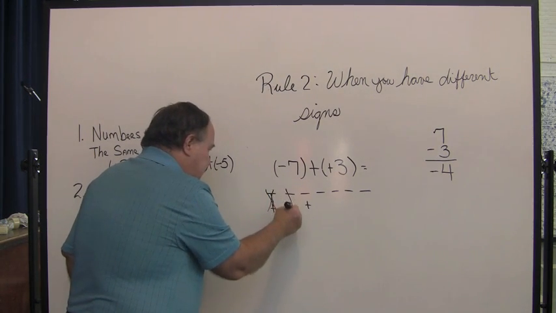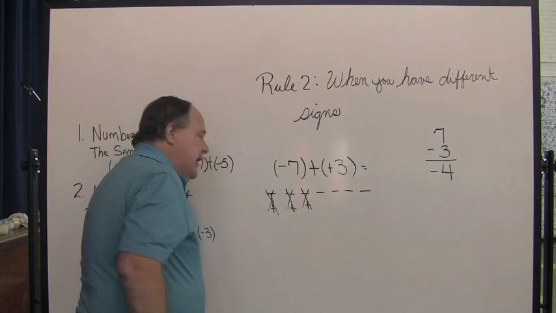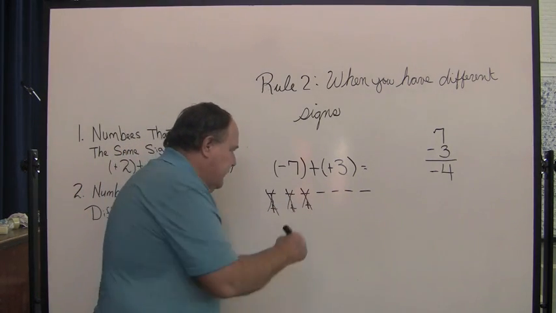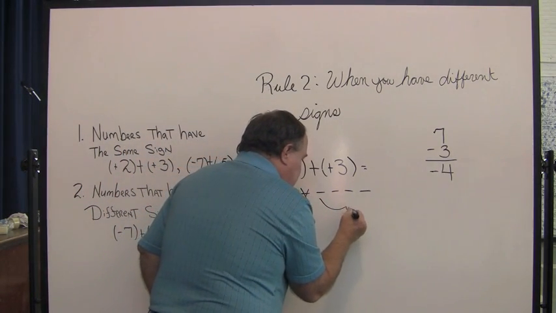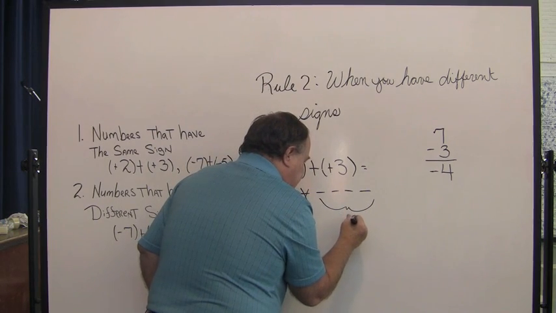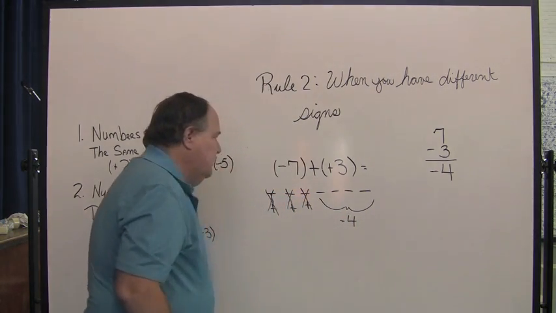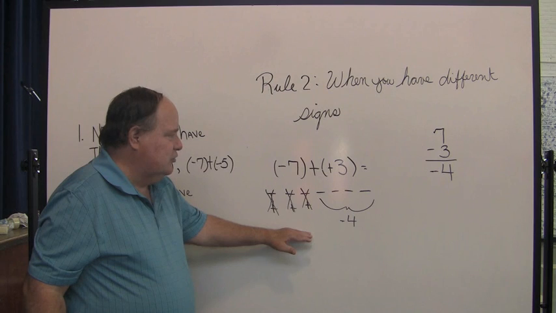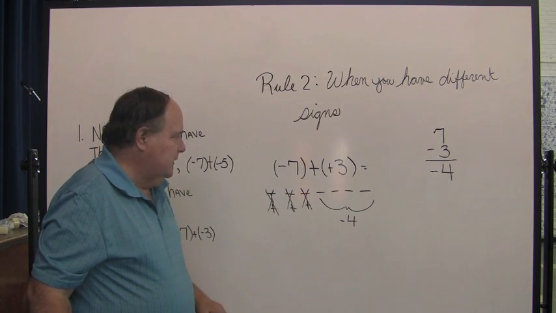Bam, bam, bam. What do I have left over? 1, 2, 3, 4. I have 4 negative guys.